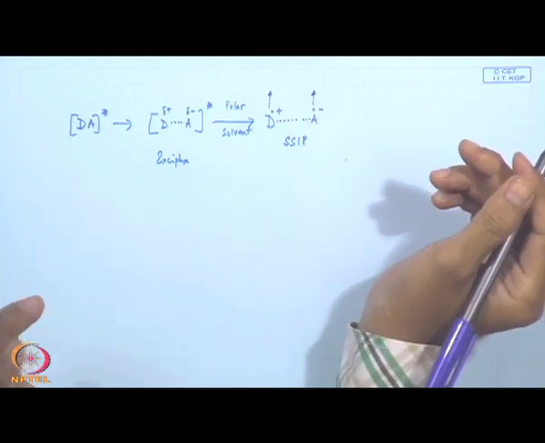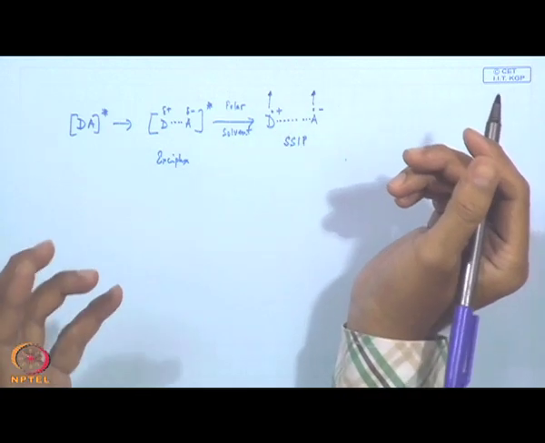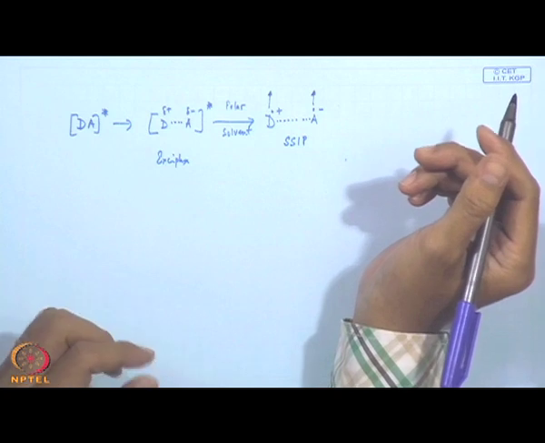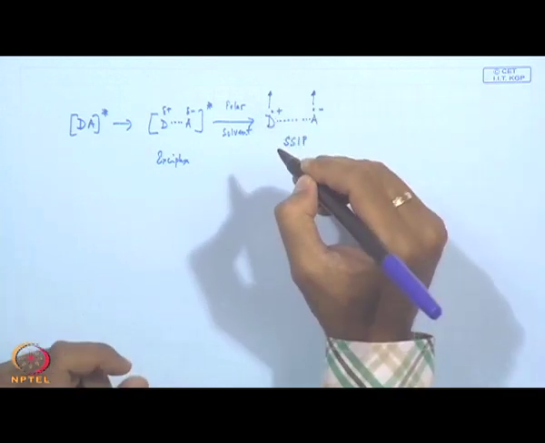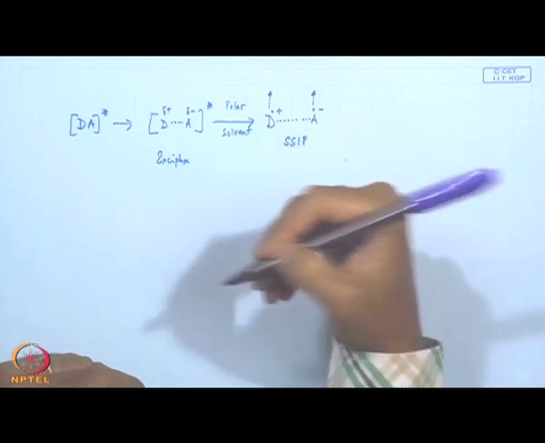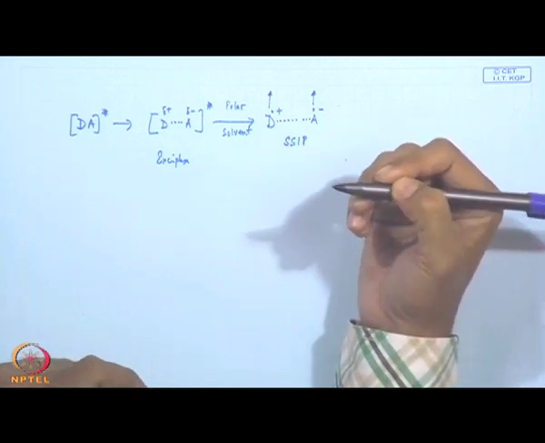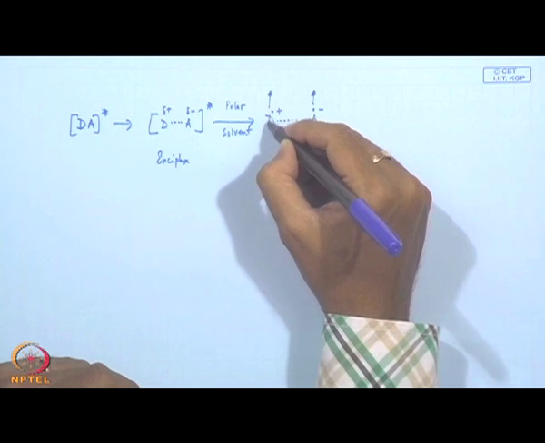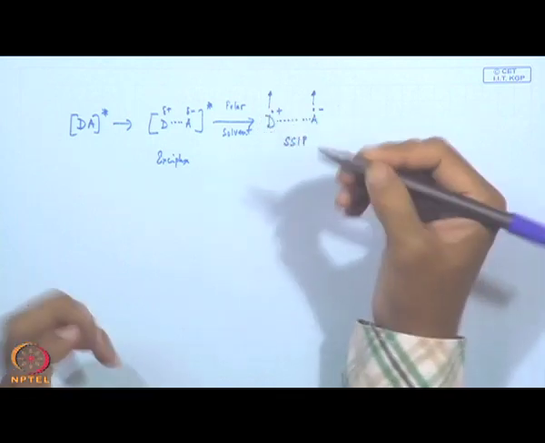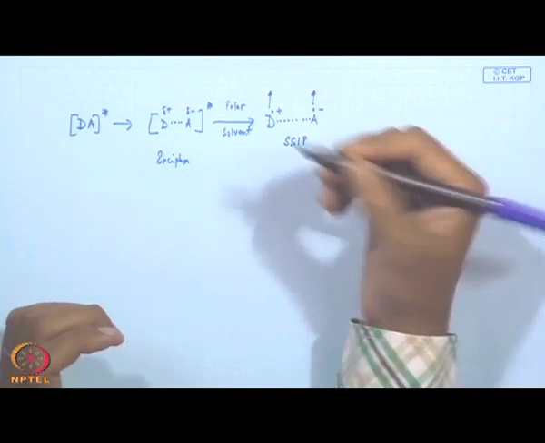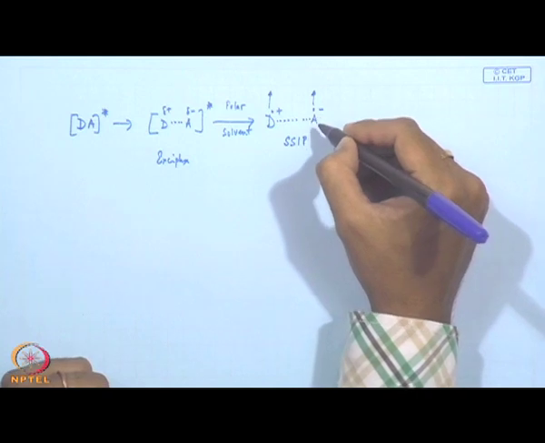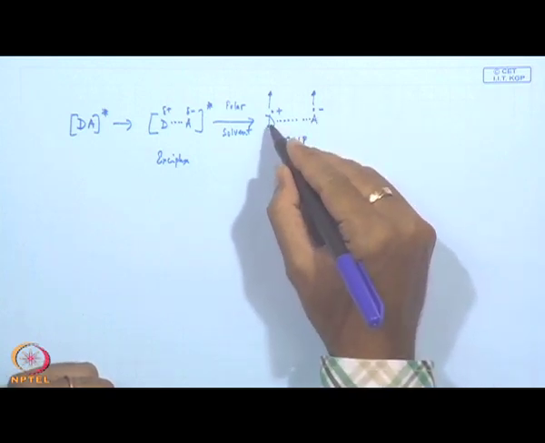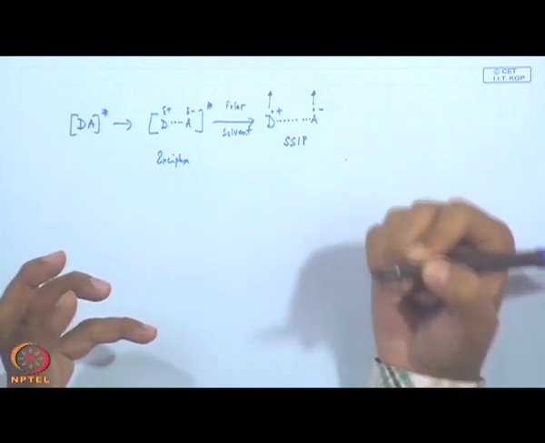I mean the absorption which you do with respect to the ground state, and if it is a transient species, then you have to have a very short pulse of radiation and then a detection procedure, so that experimentally you can see the presence of this D plus dot or A minus dot, the solvent separated radical ions, that have a long lifetime.